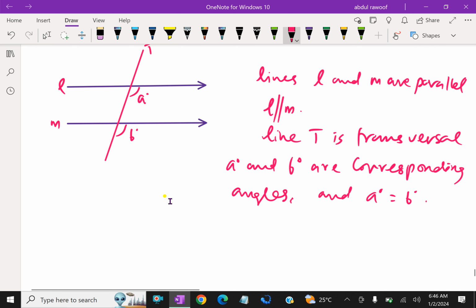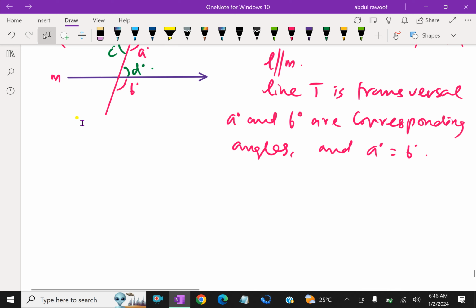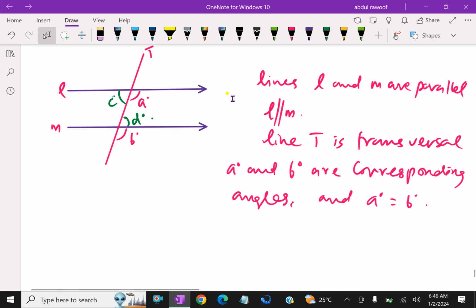Next one. In the same figure, let me change to another color. Here I am using angles C and D. Look at this. These two angles C and D, with the same parallel lines but in opposite positions, are called alternate interior angles.